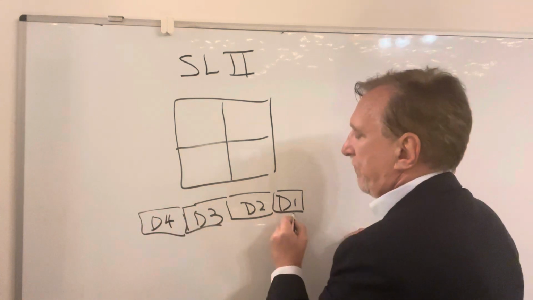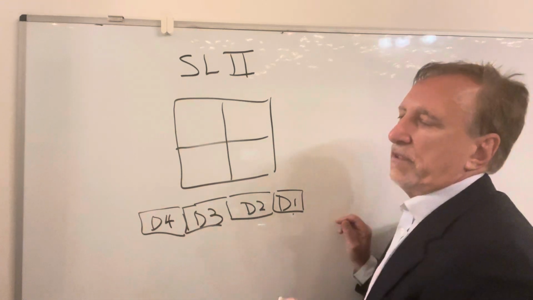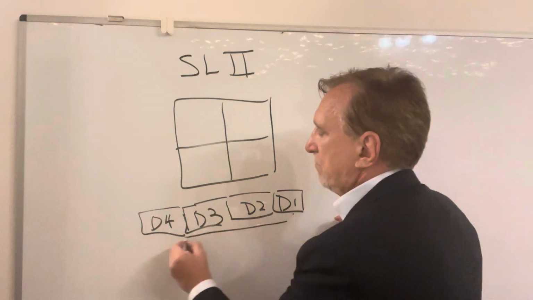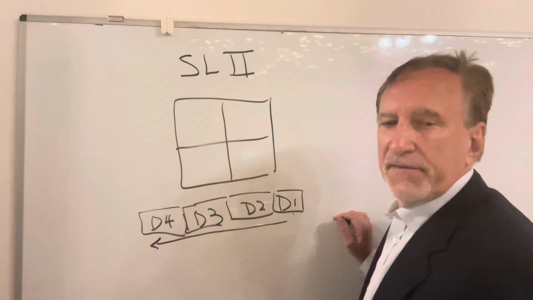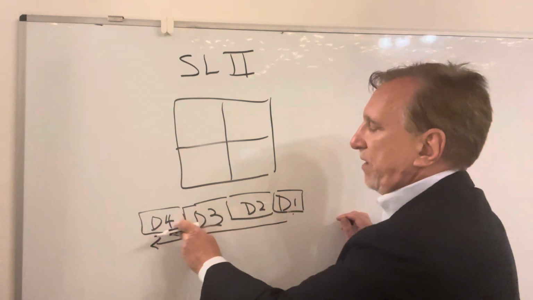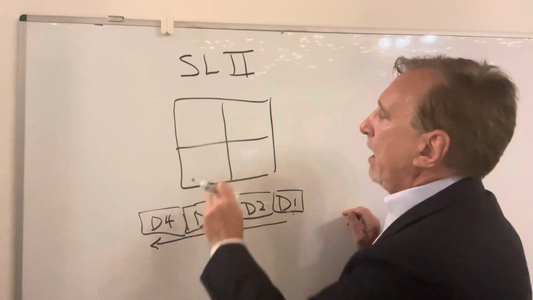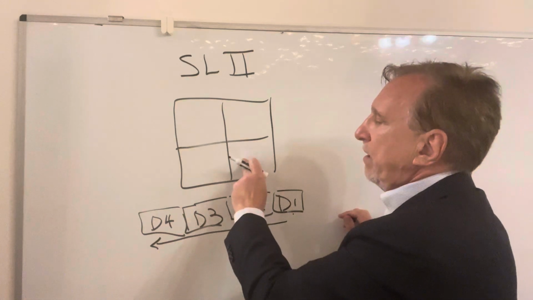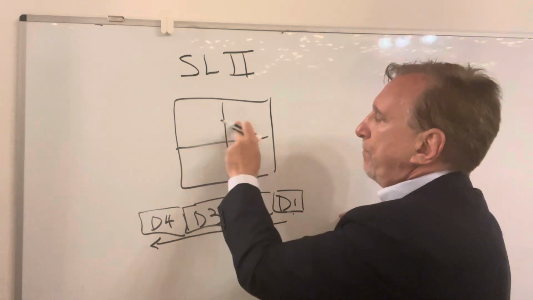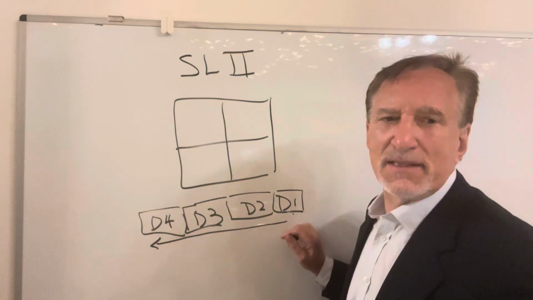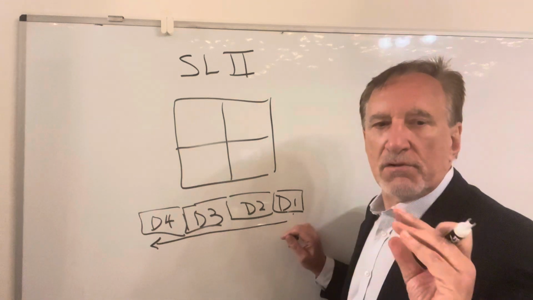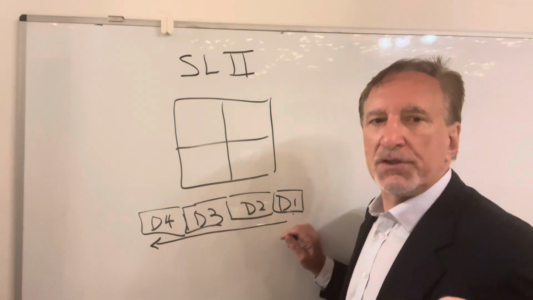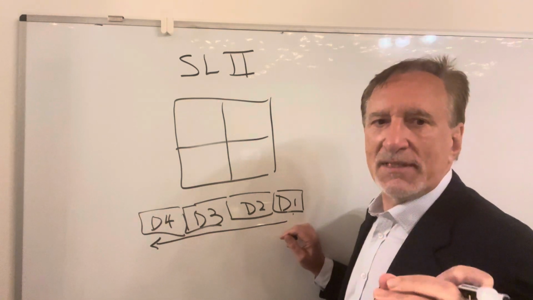Okay, and it's going from right to left. I know most of us go from left to right, but this one goes from right to left. As they move up the scale, they become a D4. Okay, up here, this is where we have 4 different boxes. And in these 4 different boxes, they describe the person's competency level.